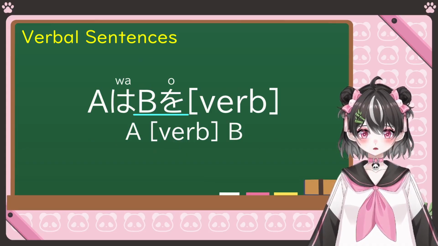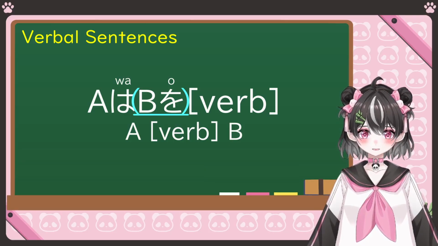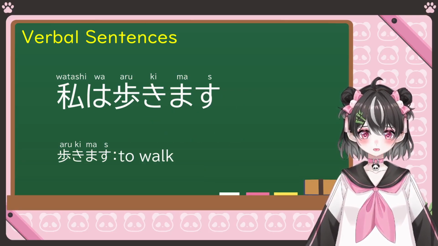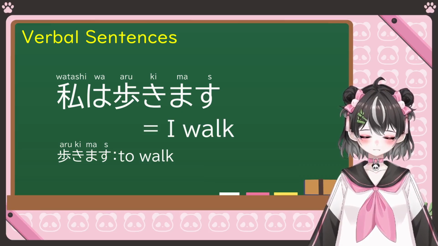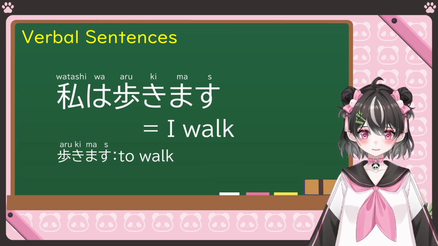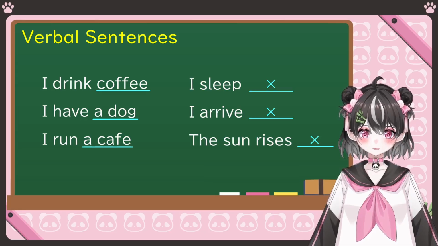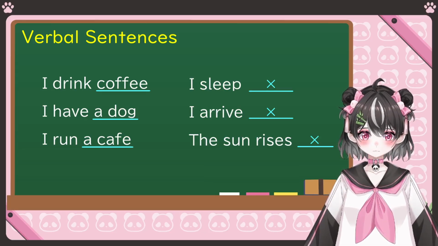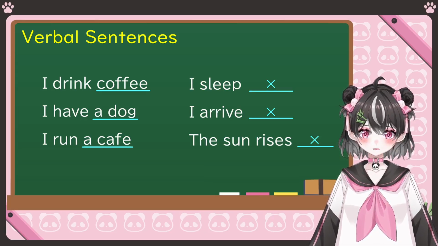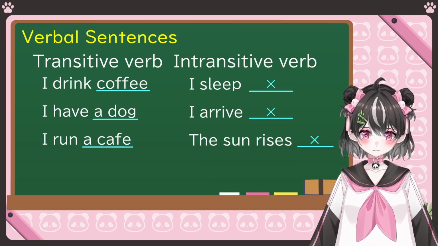This B を part doesn't always appear. Like in the sentence, 私は歩きます, which means I walk. There's no object in this sentence. It's just like English, some verbs need an object and others don't. Grammatically speaking, these are called transitive verbs and intransitive verbs.